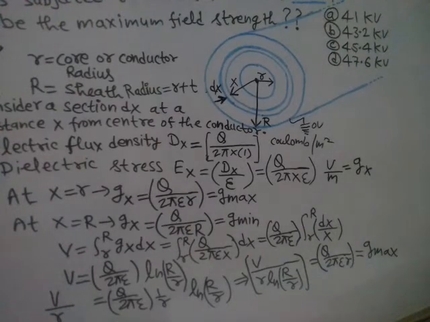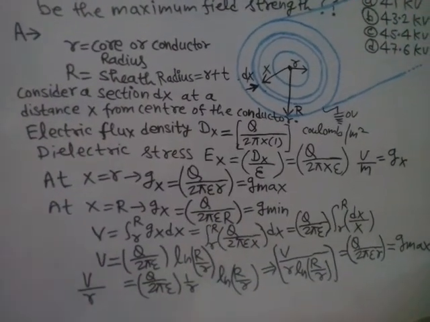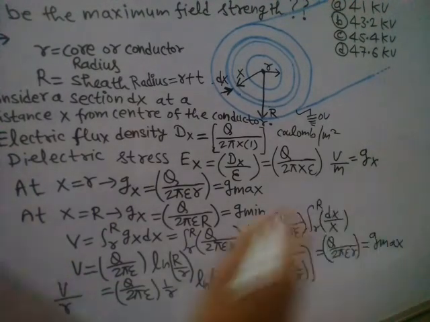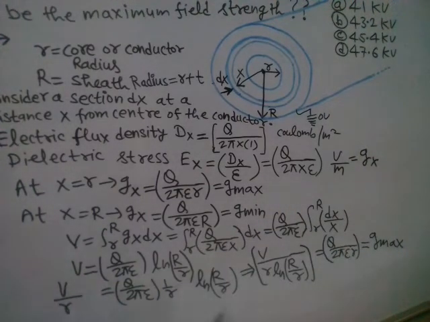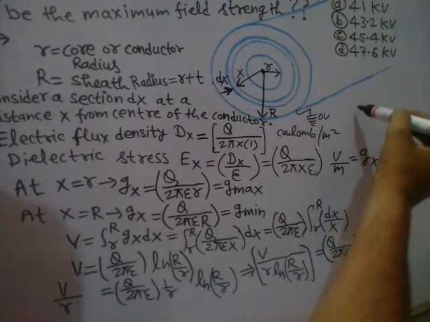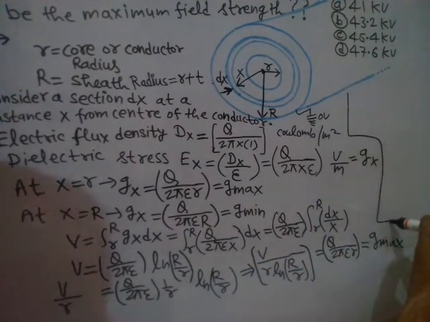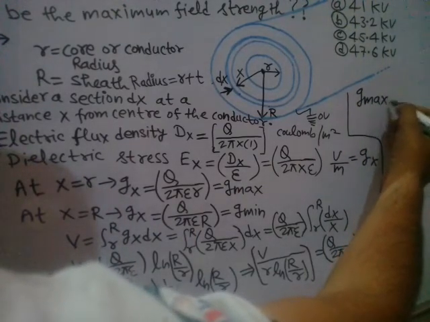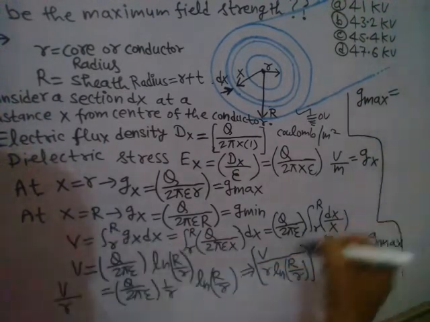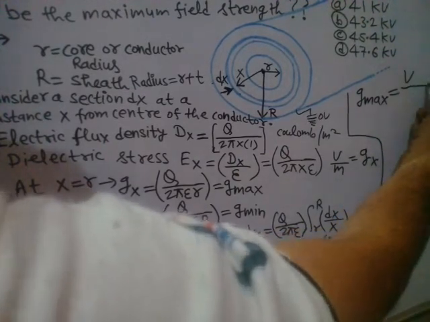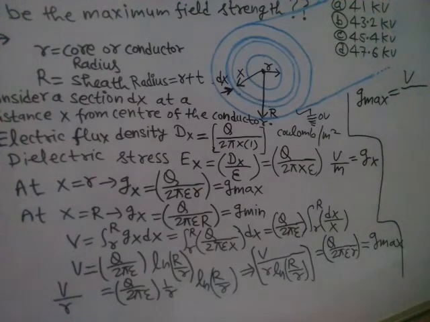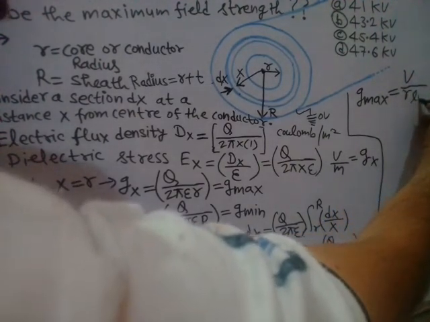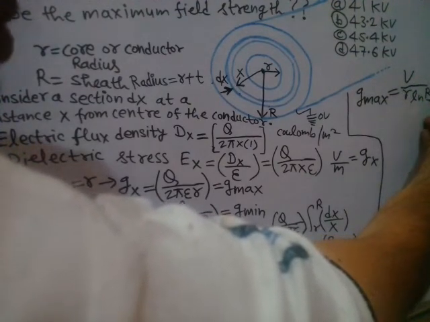So now our aim is just to put the values. So here you can simply put the values and get your G max. So G max is V by small r ln capital R by small r.